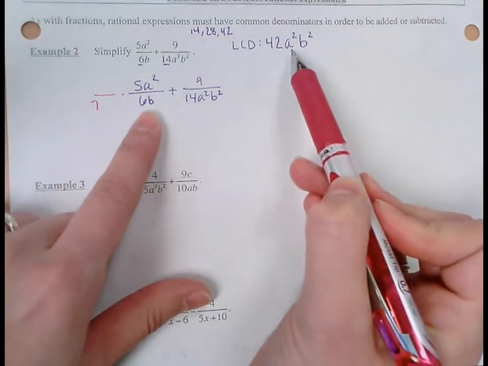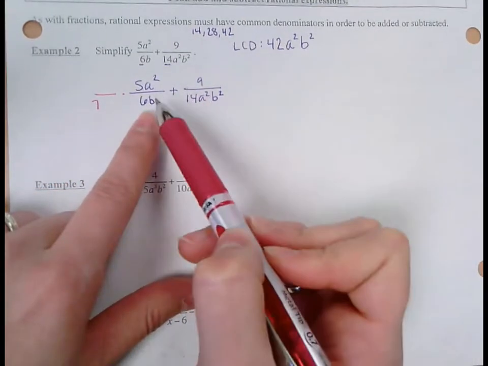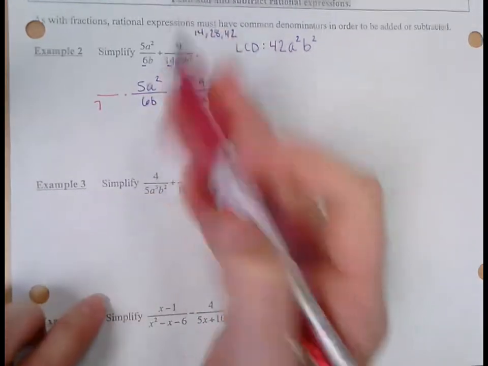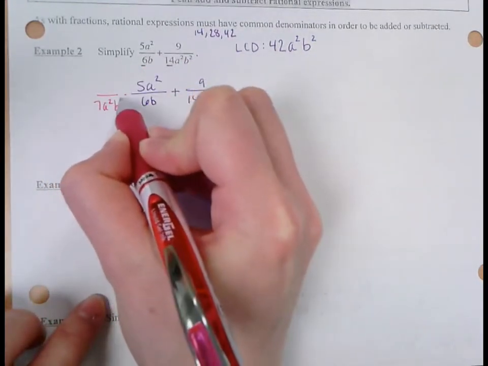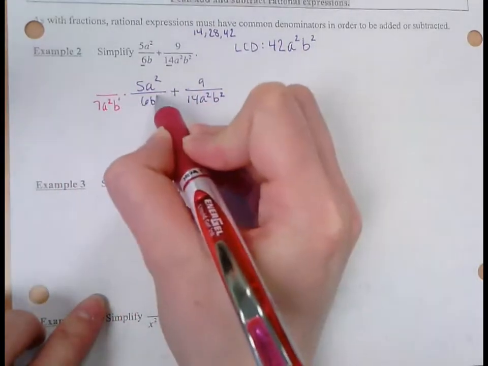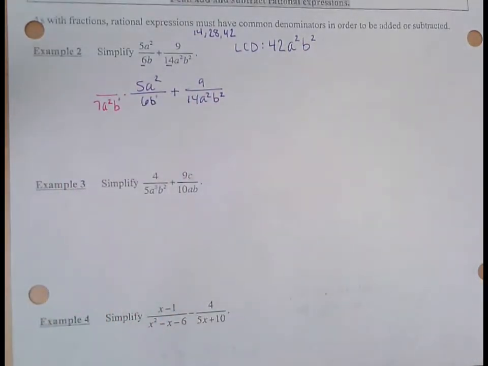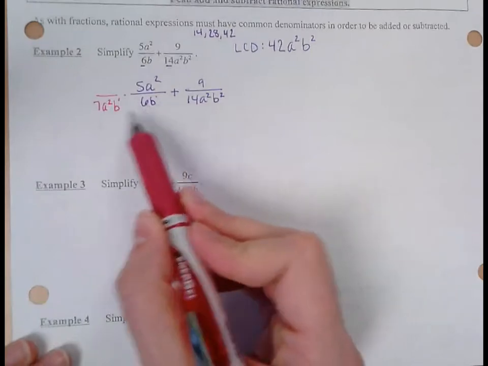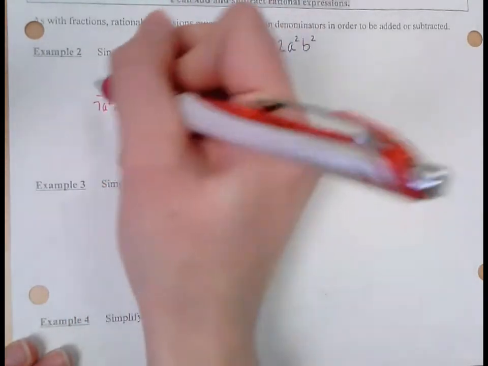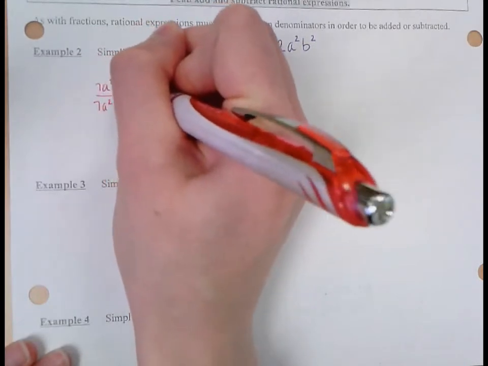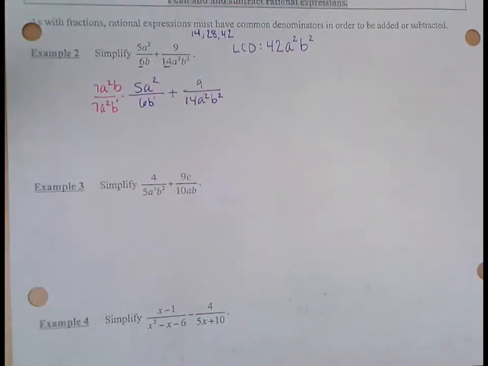And if I need my variables to be a squared b squared, and right now I just have b, I'm going to have to multiply by a squared and then b to the first power, so that the b's will multiply to be b squared. So you're figuring out what you multiply by to get your least common denominator. I then have to multiply the top of that fraction by the same thing, 7a squared b.